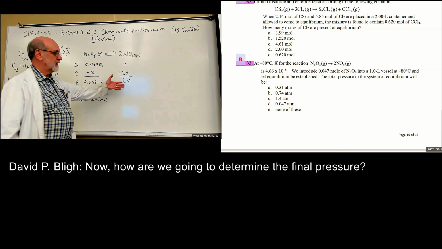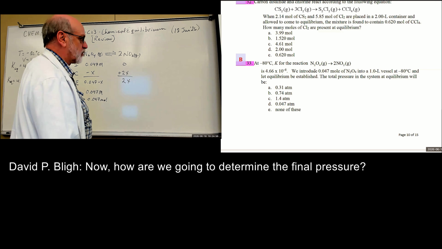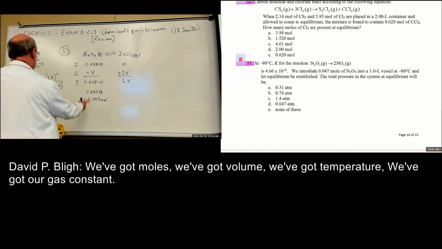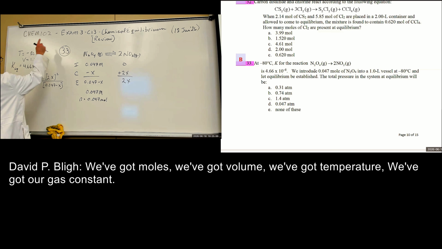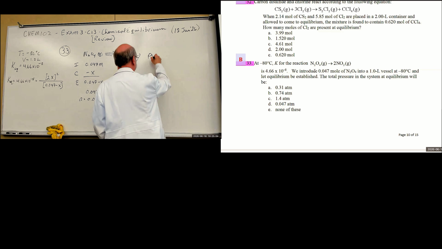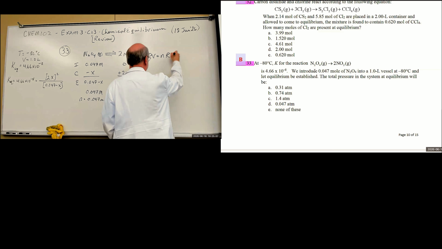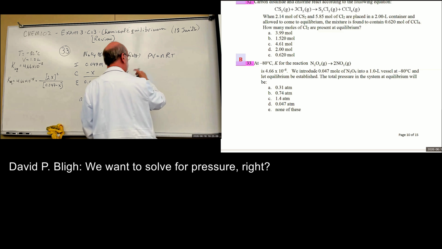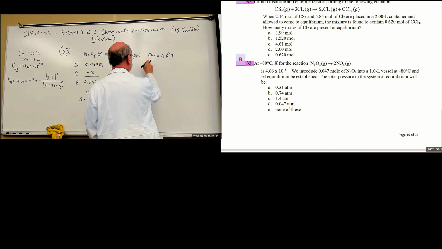Now, how are we going to determine the final pressure? We've got moles, we've got volume, we've got temperature, we've got our gas constant. We want to solve for pressure, right?